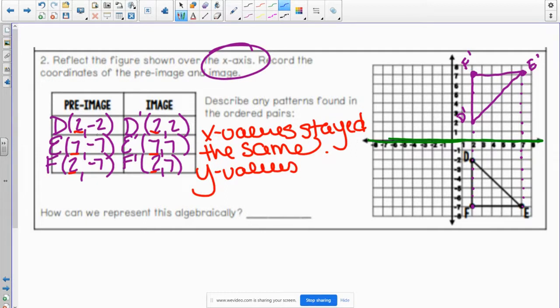So in this case, we have -2, -7, -7, 2, 7, 7. So notice, again, they're the opposite. They're not the same, they're the opposite. So the y values changed to their opposite values.